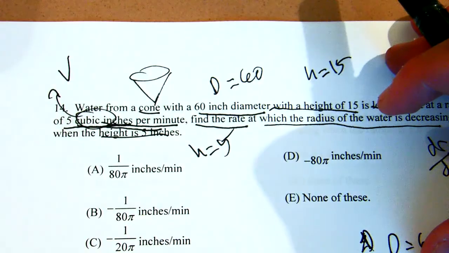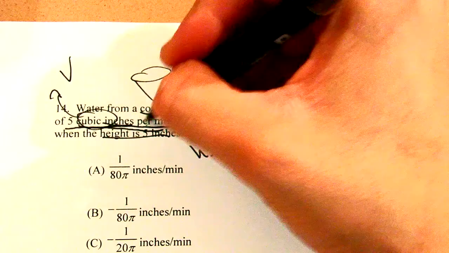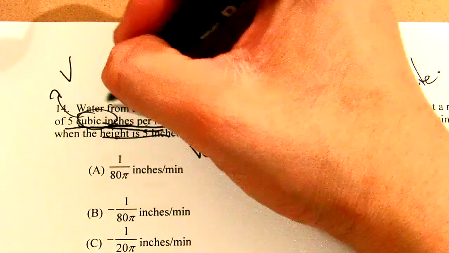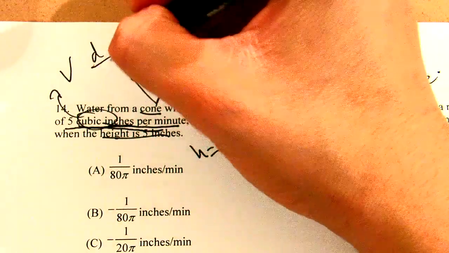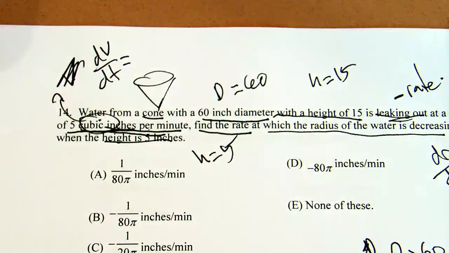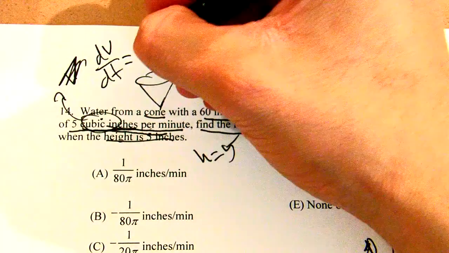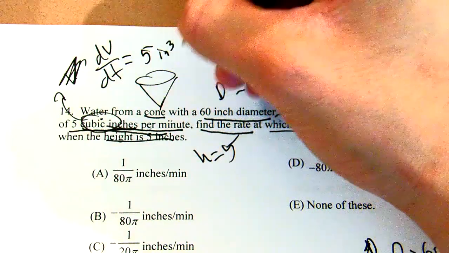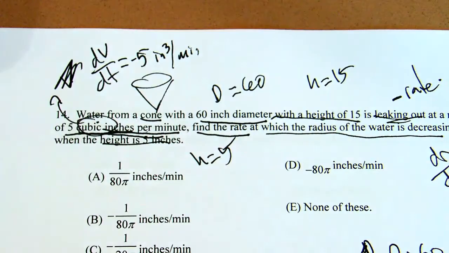Per minute, it's going to be a rate. So this is d/dt, and it's cubic, so it's dV/dt. And dV/dt is 5 inches cubed per minute, and it's negative because it's leaking out.